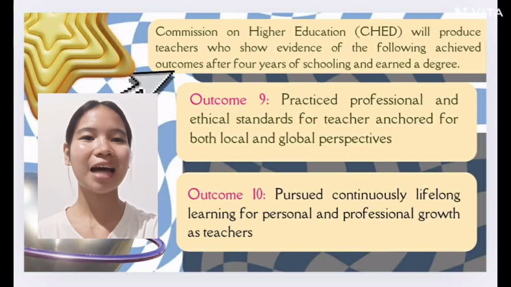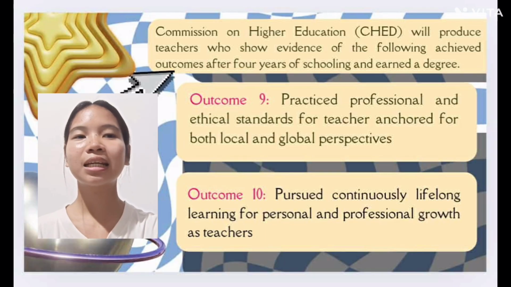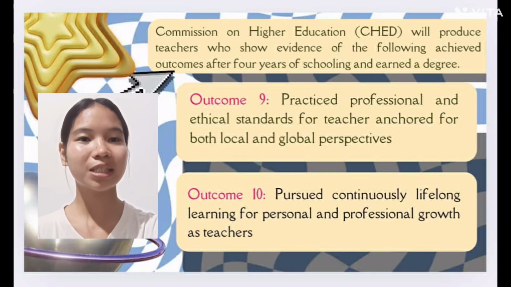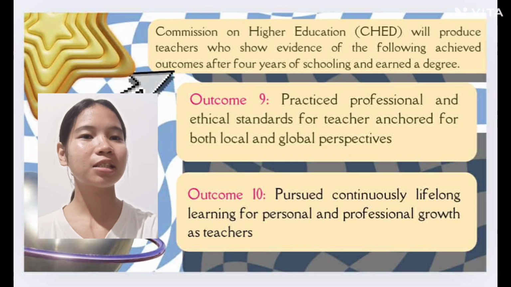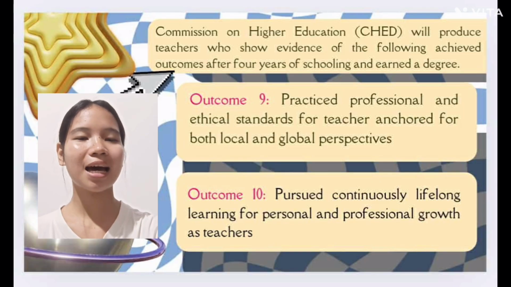And lastly, outcome 10, which is all about pursuing continuous lifelong learning for personal and professional growth as teachers. So it means learning never stops, even for teachers. Education changes over time. So teachers need to keep learning new teaching methods, technologies, and ideas.